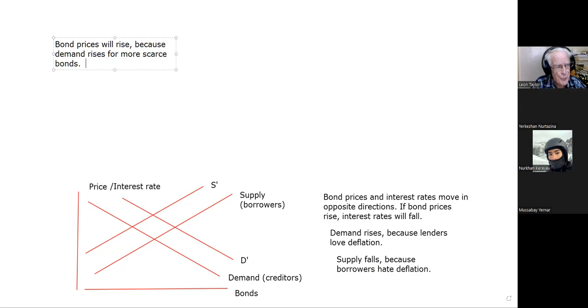Since bond prices will rise, interest rates will fall.